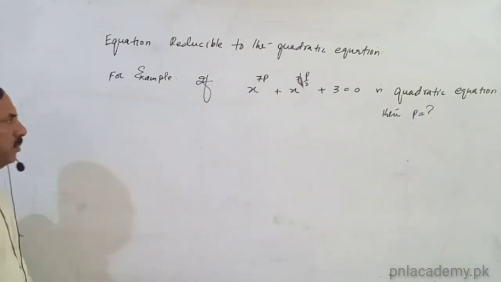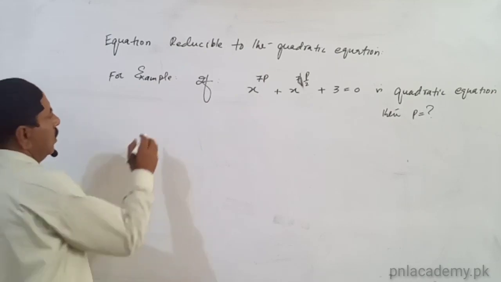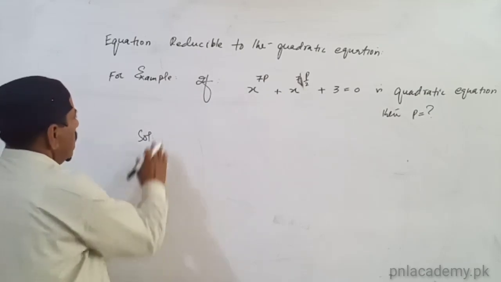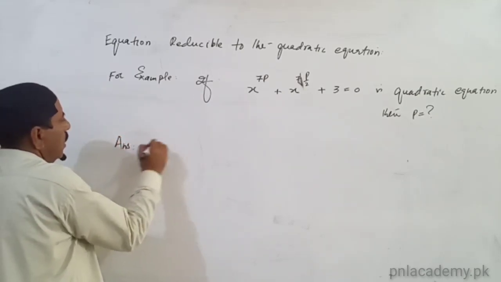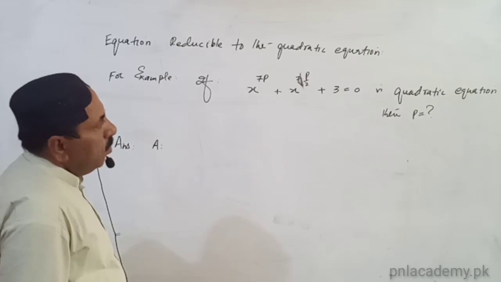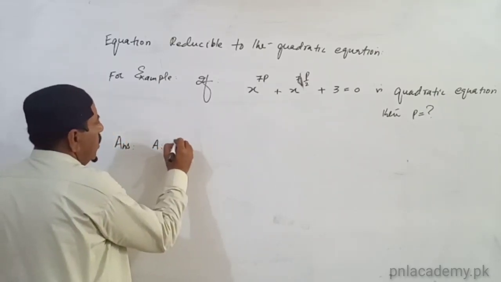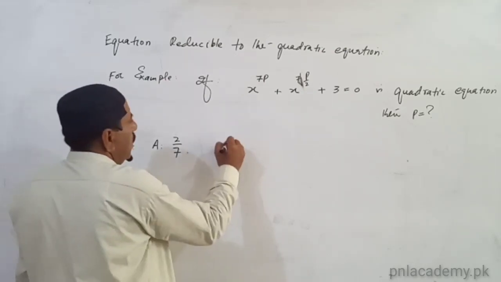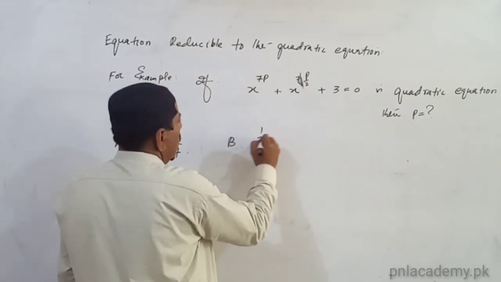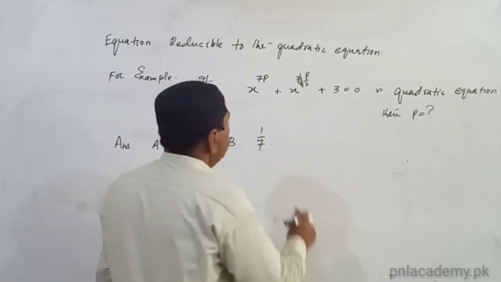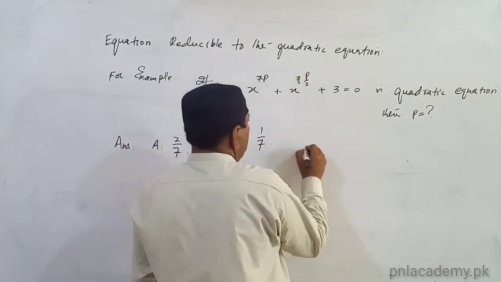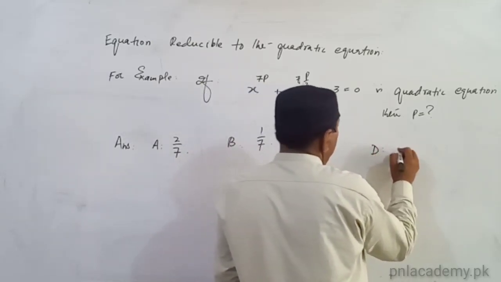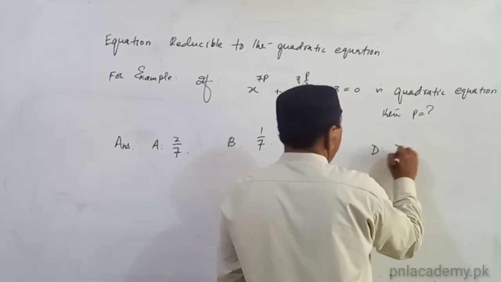P is equal to what? The answer can be A, p is equal to 2 upon 7. B, p is equal to 1 upon 7. C, p is equal to 3 upon 7. D, p is equal to 2.